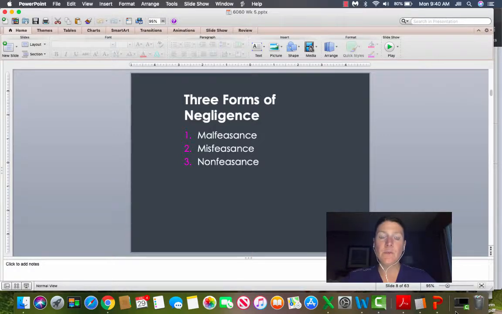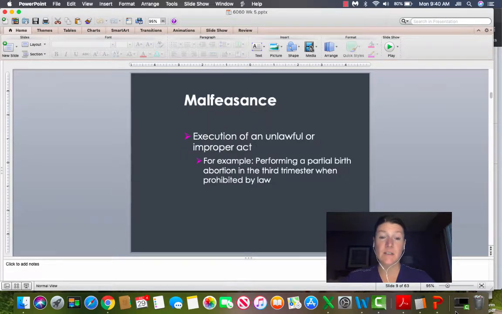So a few different forms of negligence, very close to what we were just talking about: malfeasance, misfeasance, and nonfeasance. So you think about malfeasance, mal meaning bad. Malfeasance is the execution of an unlawful or improper act. So doing a malfeasant act in some way is actually taking part in an act that is unlawful or improper.